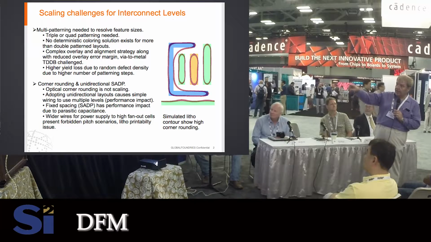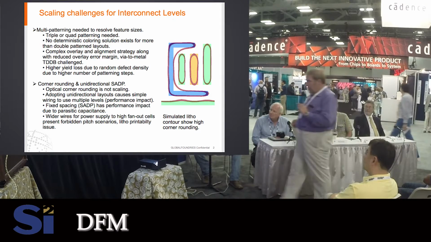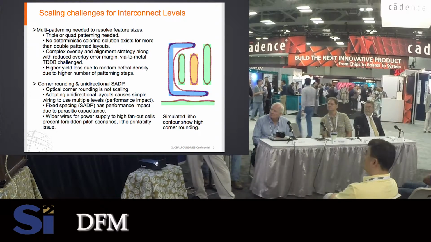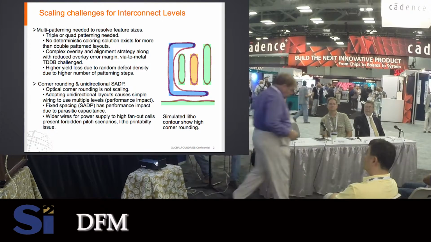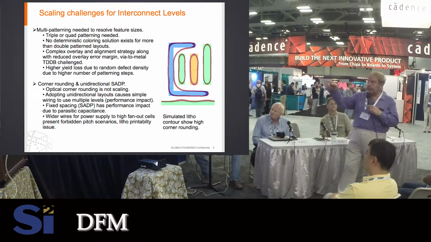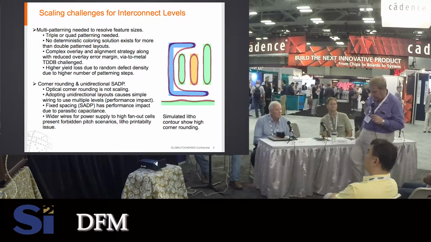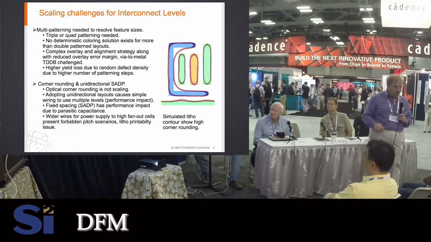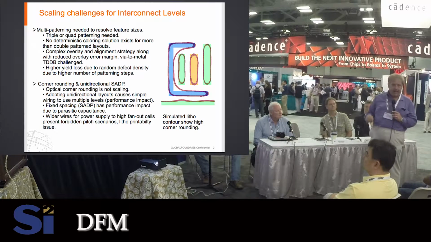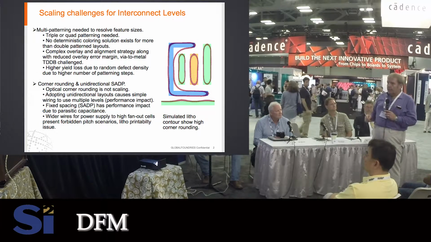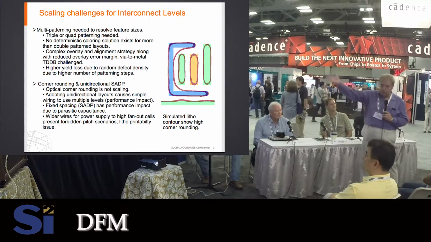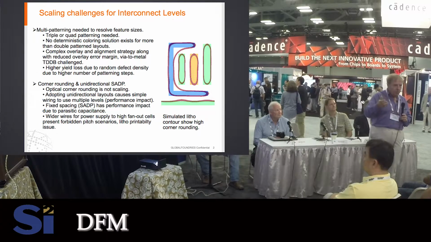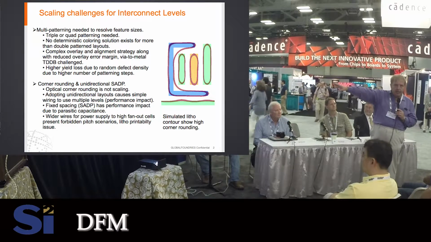Hence, they get further and further. They eat into this corner and this corner further and further, which limits the size of the standard cell flip-flop that you can make. So that's another problem that you have, limiting area. I just want to point out that's an issue that we need to deal with.